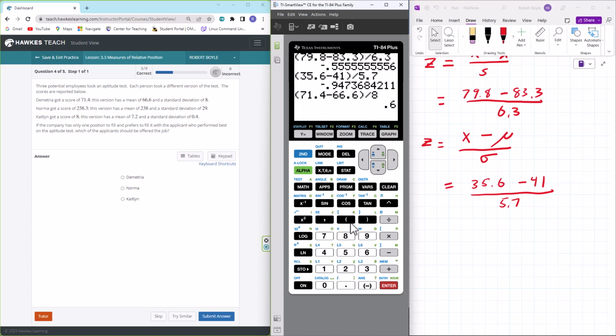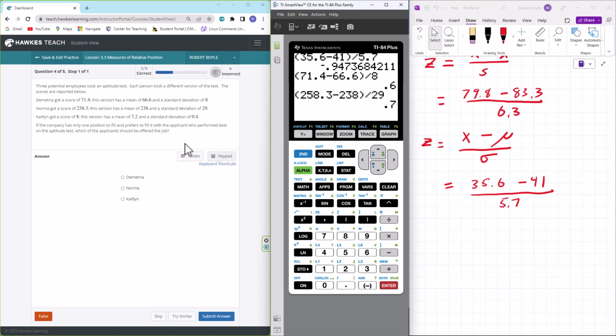Norma next. Norma had a score of 258.3. The mean was 238. Close that parenthesis, divided by 29. Okay, her z-score is a little better.